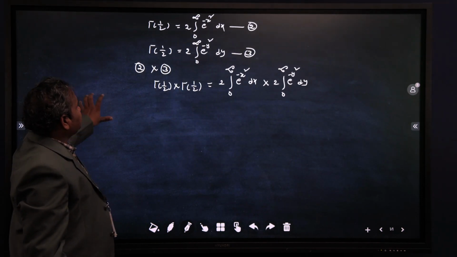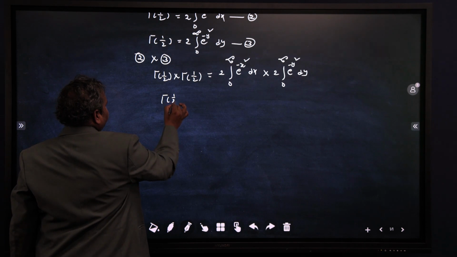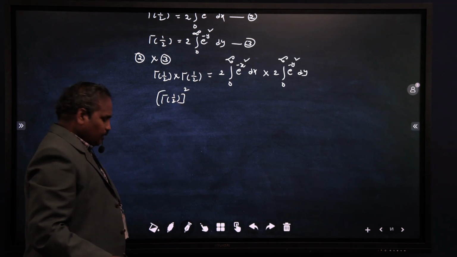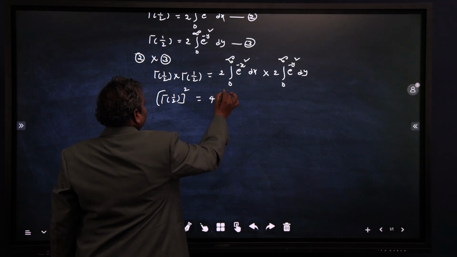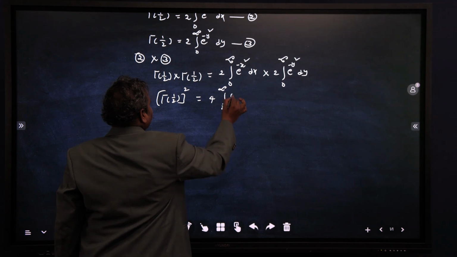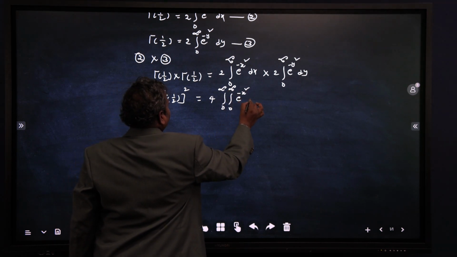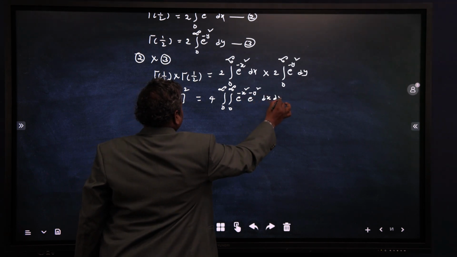Left hand side is gamma of 1 by 2 into gamma of 1 by 2, gamma of 1 by 2 whole square. Right hand side 2 into 2 is 4, integral 0 to infinity, 0 to infinity, e power, bases are equal, e power minus x square into minus y square dx dy.